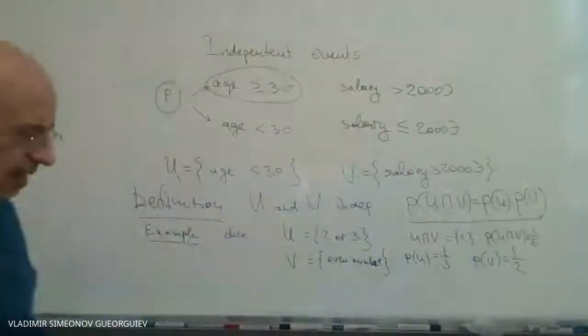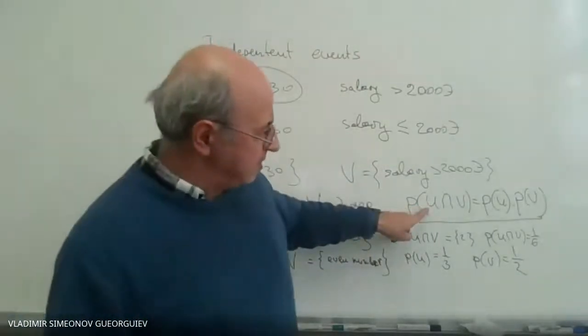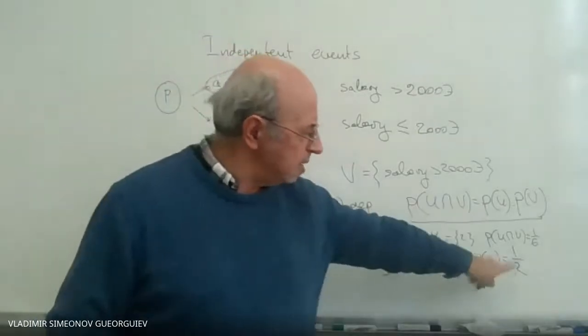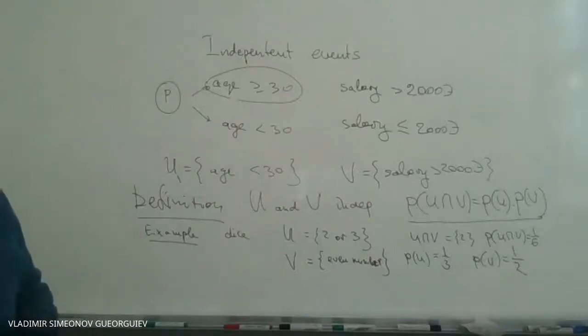And let me ask you if our test is okay. 1/6 is 1/3 times 1/2. So these are 2 independent events. When you have a concrete example, you can check whether or not these events are independent.